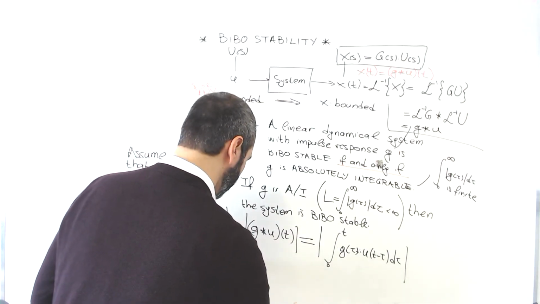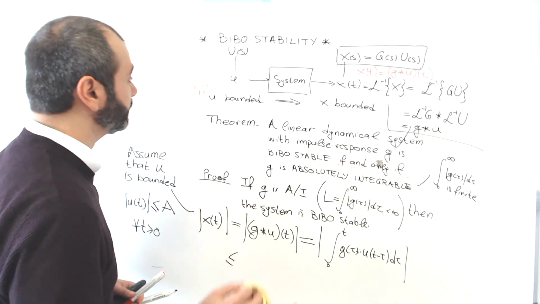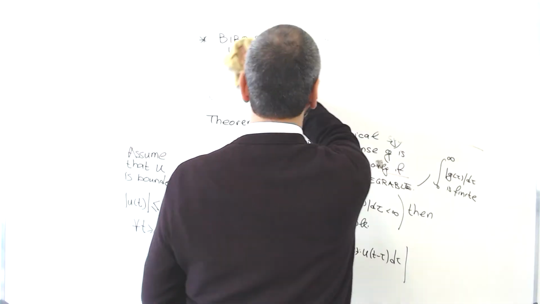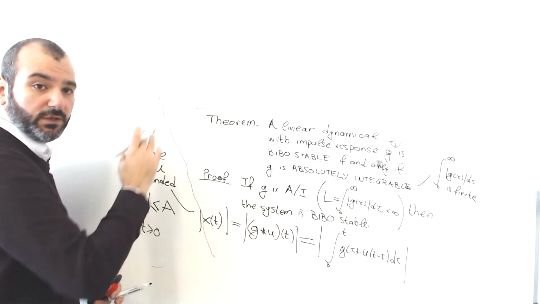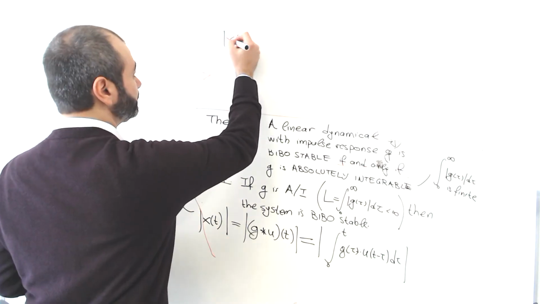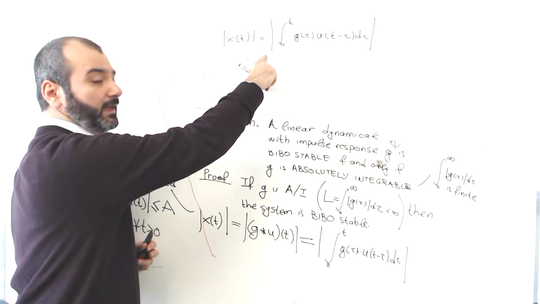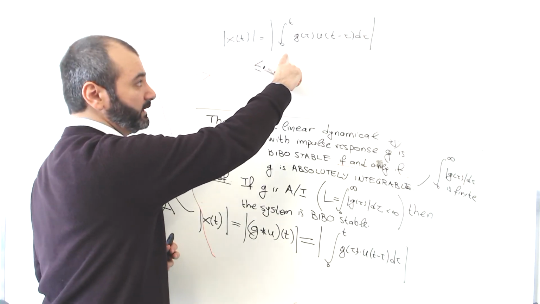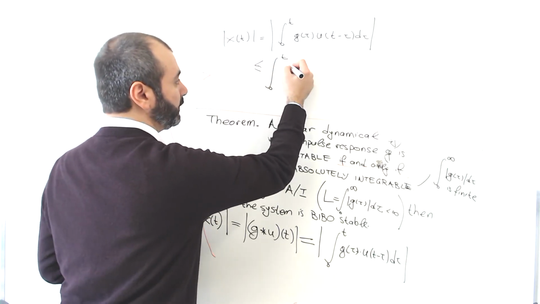So the first thing we can do, is there a space there? Can you see it? Perhaps I need to create some space here. So let's continue up here. The absolute value of an integral is smaller than or equal to the integral of the absolute value.